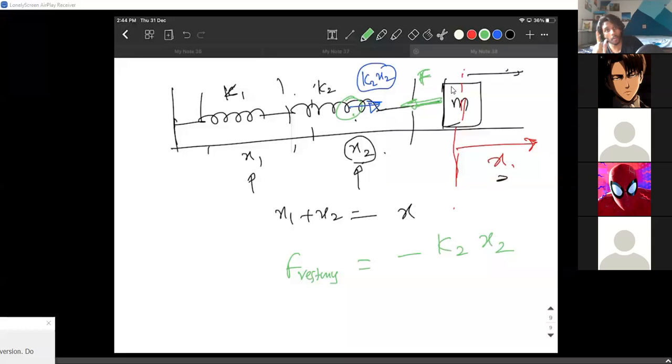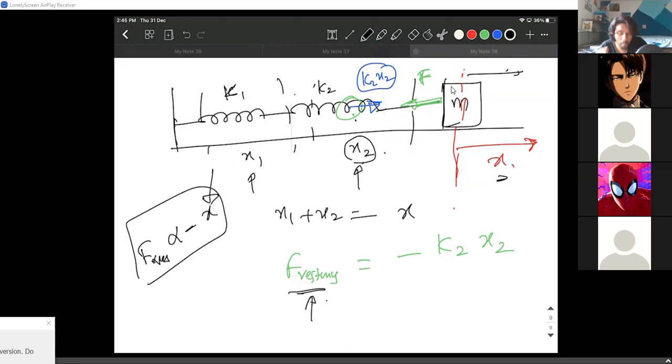Now, be very careful here. We just found the restoring force. That is good, that is clean. But what about the K1 spring? The restoring force must always be proportional to the displacement of the body, so it should be proportional to x.